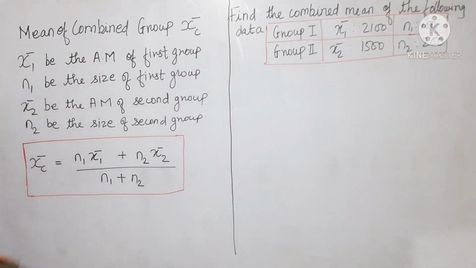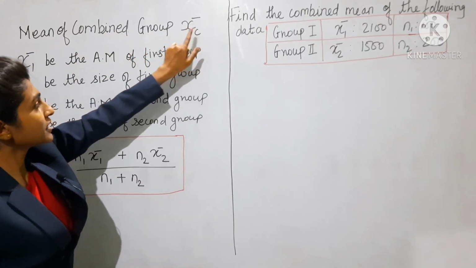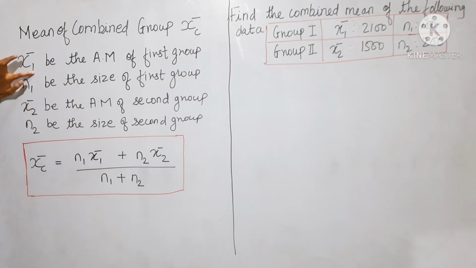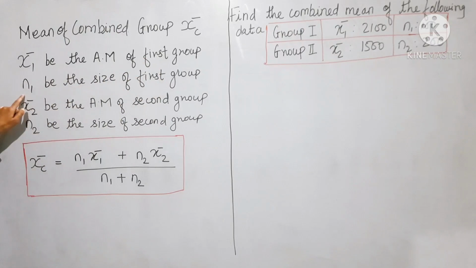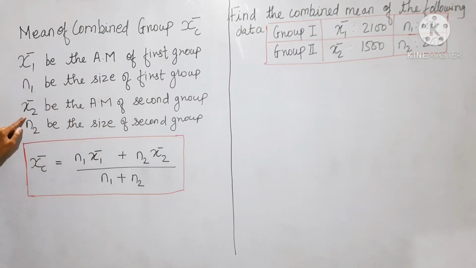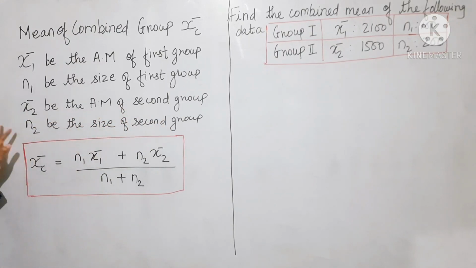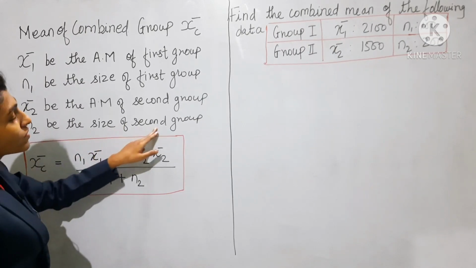So to find the arithmetic mean of the combined group, it is denoted as x bar c. x bar 1 is the arithmetic mean of group 1, n1 is the size of group 1, x bar 2 means the arithmetic mean of the second group, and n2 means the number of observations or size of group 2.